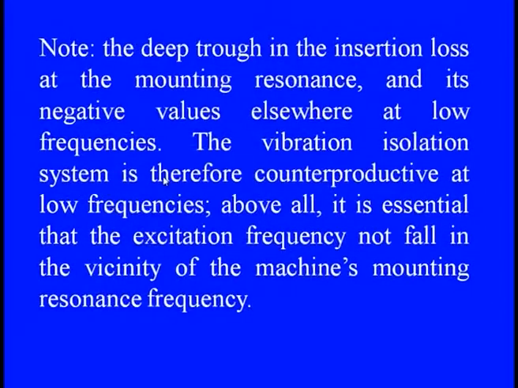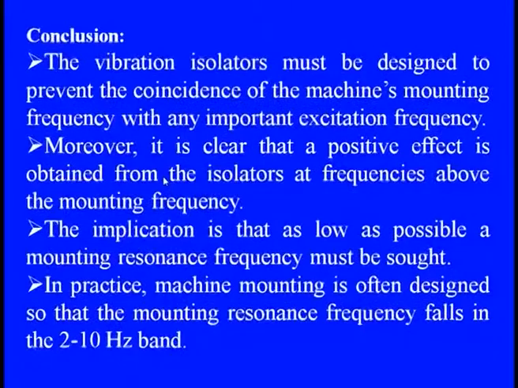Above all, it is essential that the exciting frequency not fall in the vicinity of the machine's mounting resonant frequency, otherwise the insertion losses will be high. So we can conclude that the vibration isolators must be designed to prevent the coincidence of the machine's mounting frequencies with any other exciting frequencies of the part. Otherwise the insertion losses will be of a different nature.